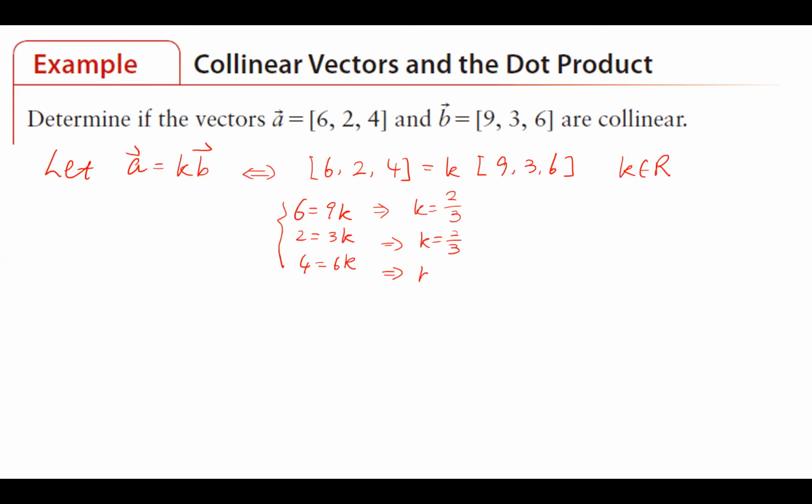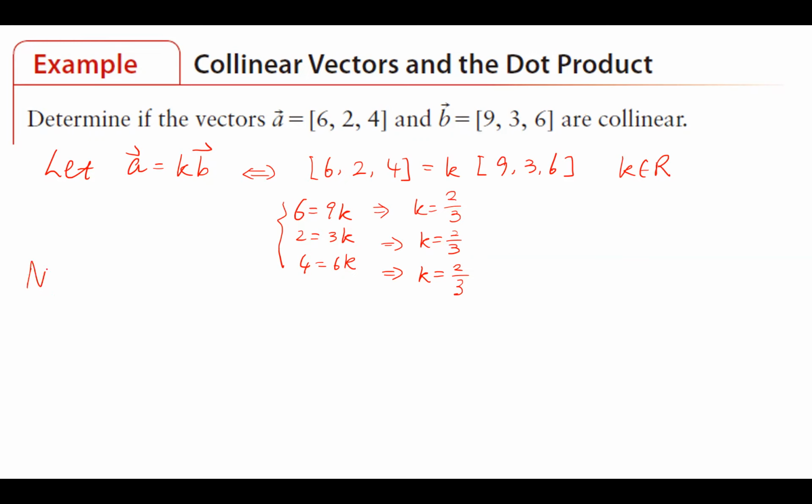Third one also gives us k equals 2 over 3, right? Therefore, there does exist the solution k equals 2 over 3, such that A equals 2 over 3 times B. Therefore, A and B are collinear, right?